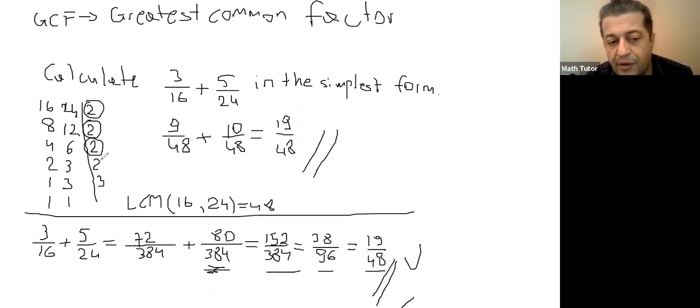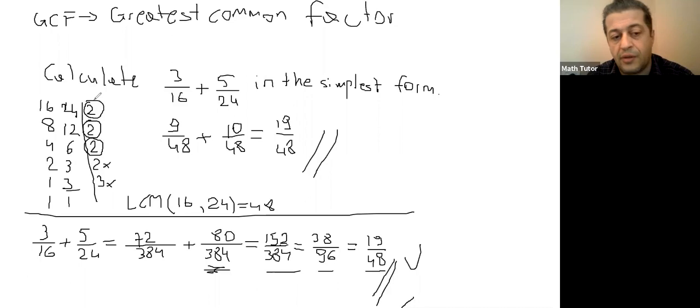The number 3 has not been used anymore, so it should not be considered to calculate the greatest common factor. And again, the number 3 has been used only in the second number, not in the first number. So again, this number should not be considered as belonging to the greatest common factor.